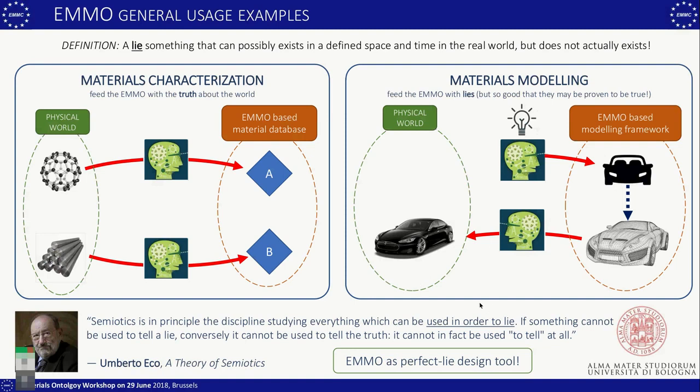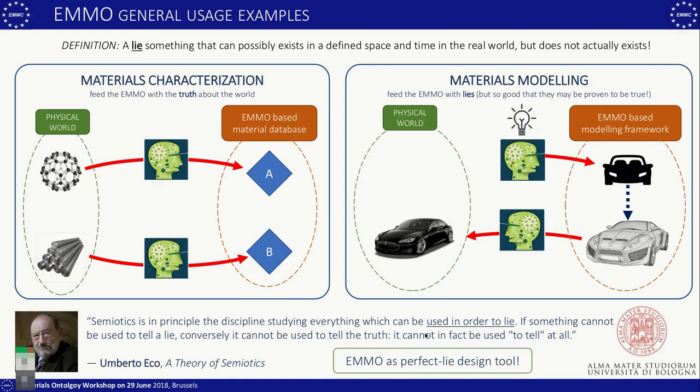This has been stated by Umberto Eco while defining semiotics, which is the theory of signs, a discipline studying everything which can be used in order to lie. If something cannot be used to tell a lie, conversely, it cannot be used to tell the truth. It cannot in fact be used to tell anything at all.